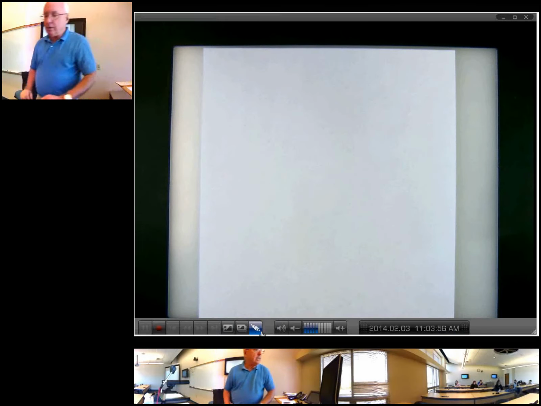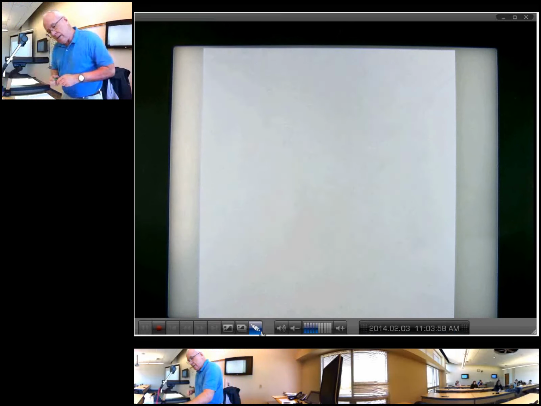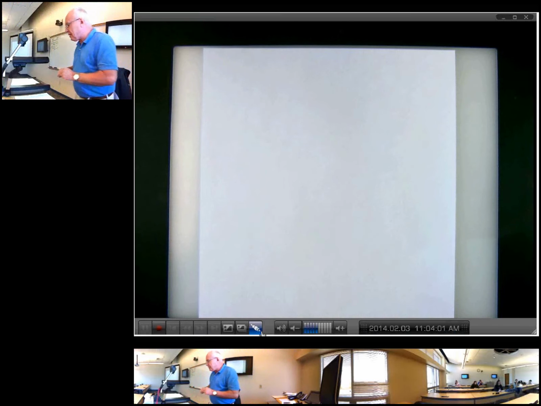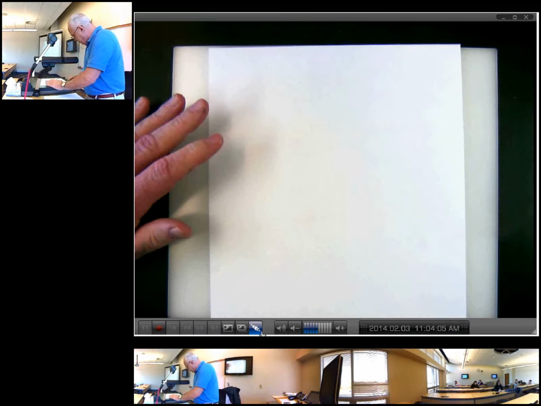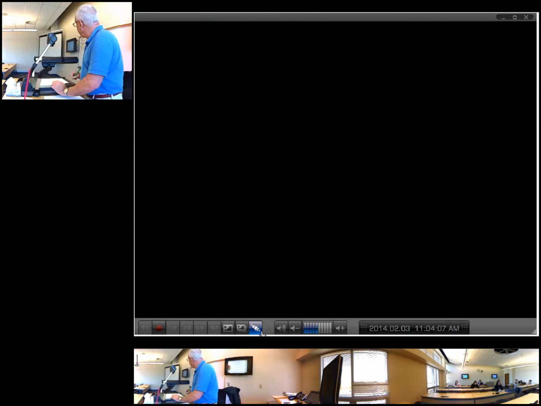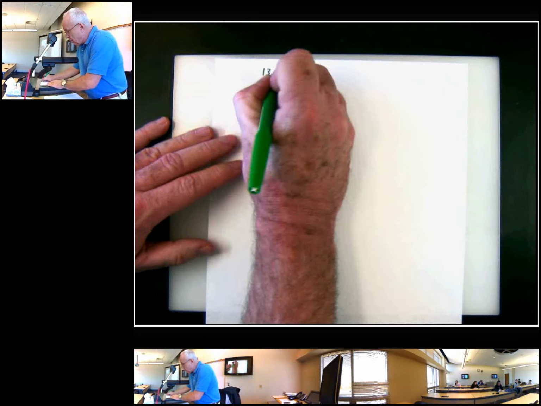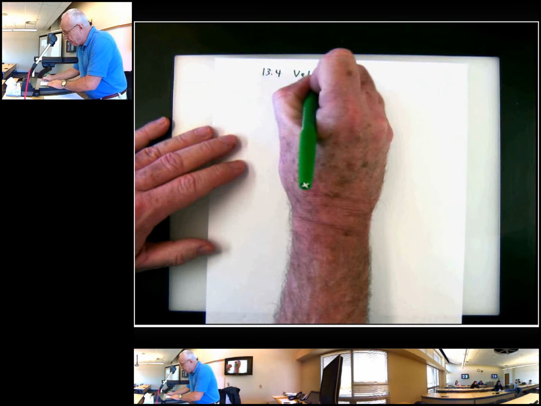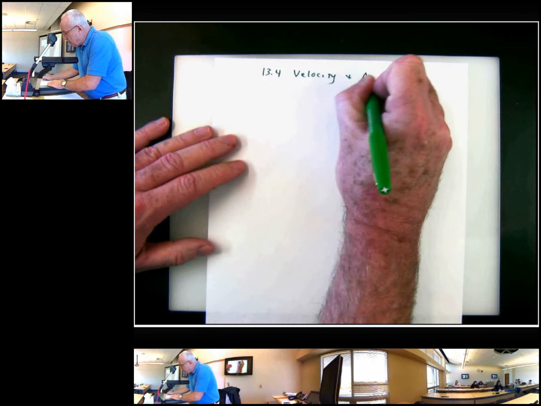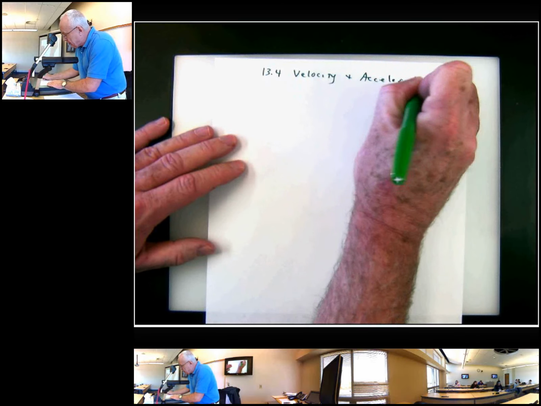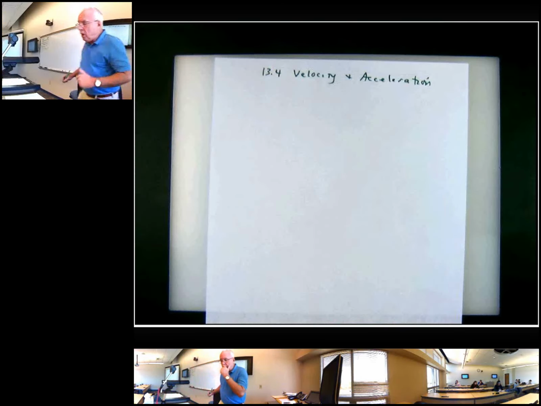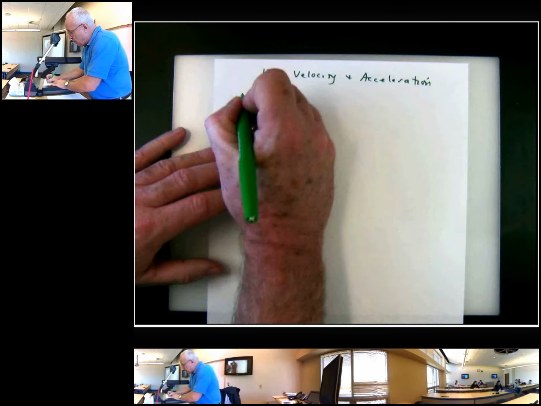Okay. So this section here is on velocity and acceleration. So it's kind of an application section. 13.4, velocity and acceleration. All right. So we started this last time, and basically this is what we have here.